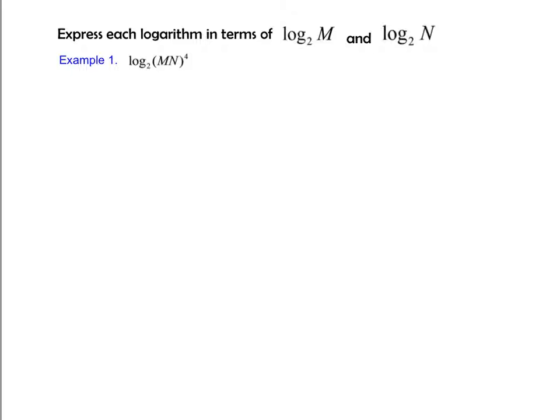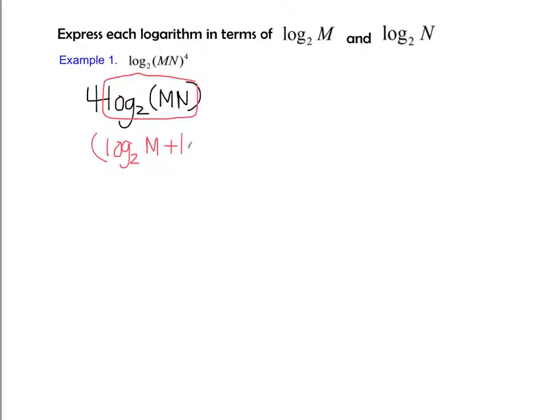The first thing I'm going to notice is that there's a power of 4 here. So I'm going to use that third law that we saw and rewrite that as the coefficient. So it's 4 times log base 2 of mn. Then I'm going to apply my second rule, which is that this part here, log base 2 of mn, can be broken up into log base 2 of m plus log base 2 of n.